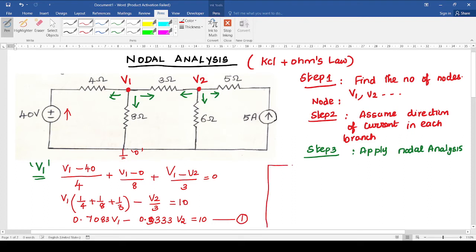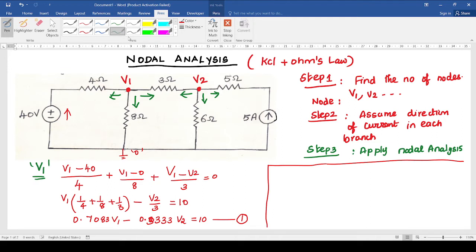In a similar manner, I am going to write the equation with respect to node V2. How to write the equation? See, first of all I am going to write the equation for the 3 ohm resistor. So V2 minus V1. With respect to V2, V1 is negative, divided by 3.